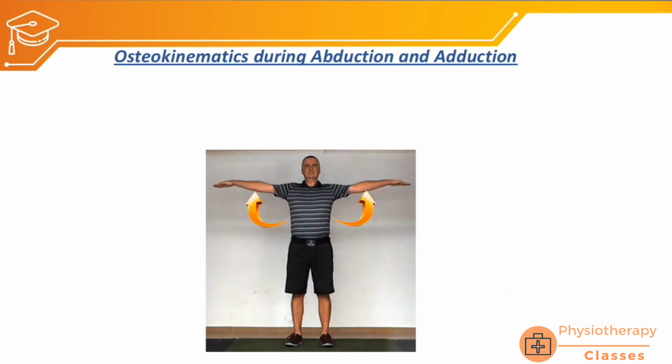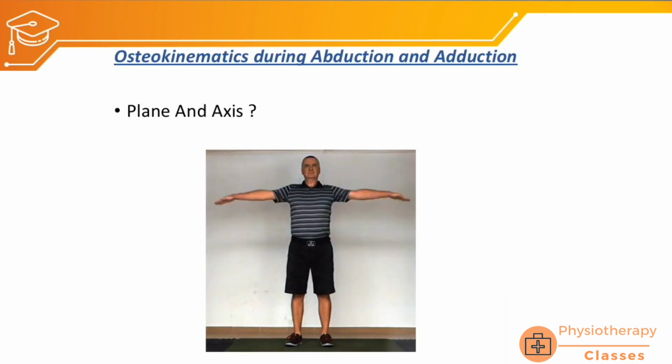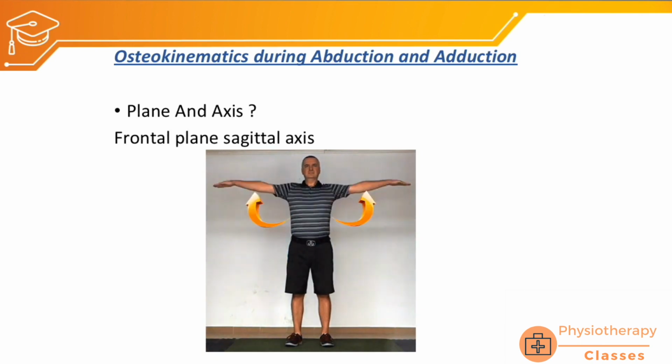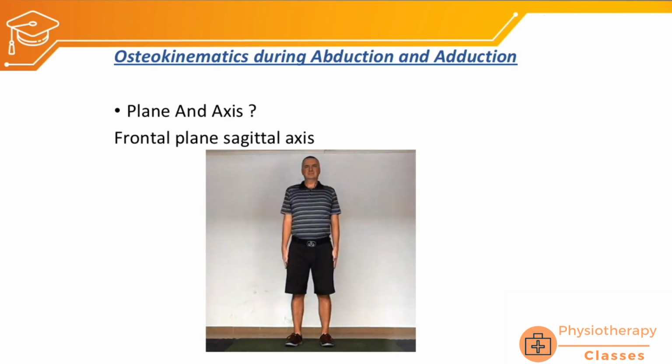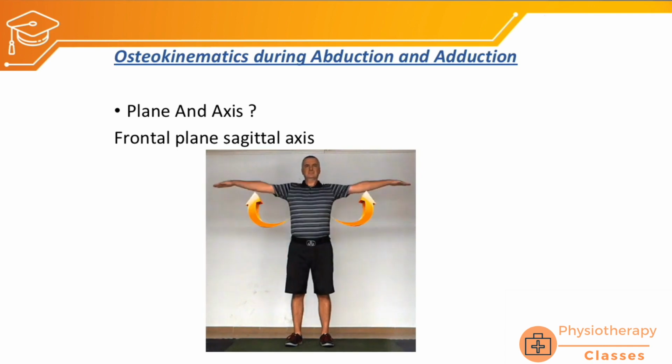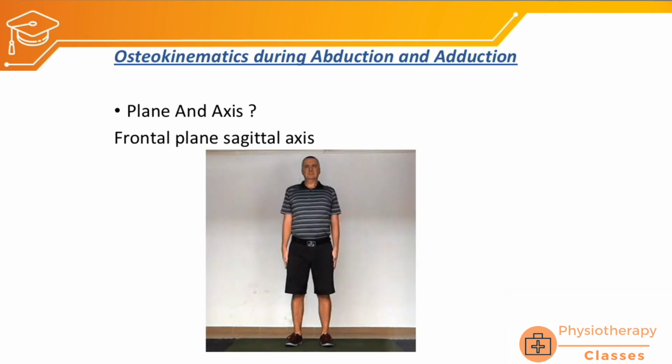Abduction and adduction occur in the coronal plane and sagittal axis. So you can see the movement occurring at the coronal plane and sagittal axis. The coronal plane is also called the frontal plane.